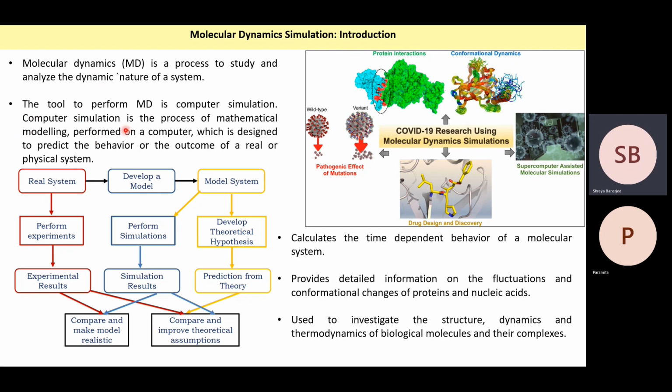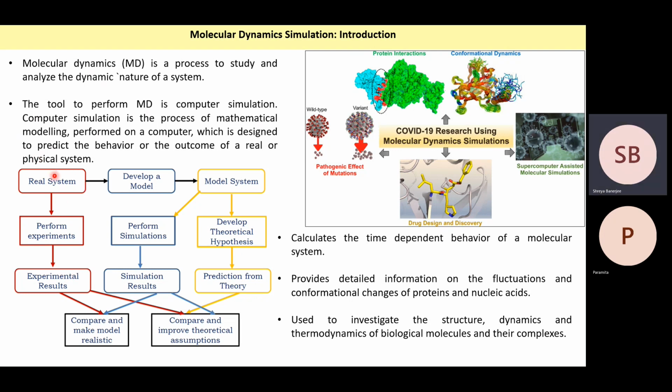This computer simulation is the process of mathematical modeling performed on a computer, which is designed to predict the behavior or the outcome of a real or physical system. So basically, if you have a real system, you can perform different experiments and get experimental results.